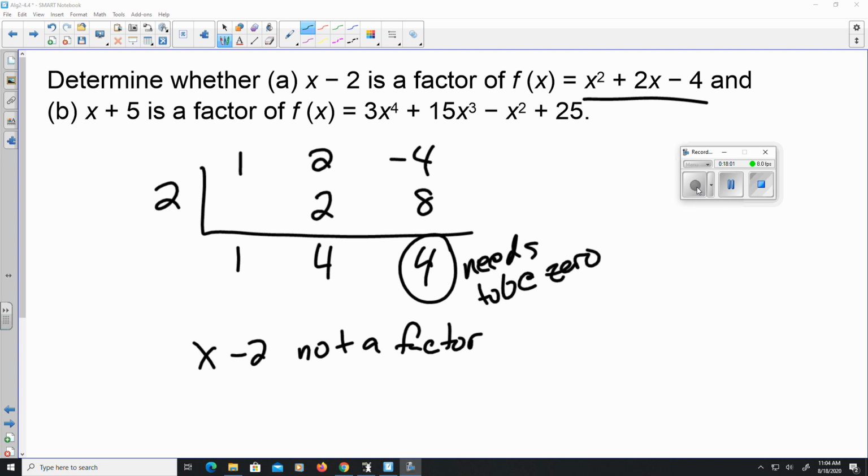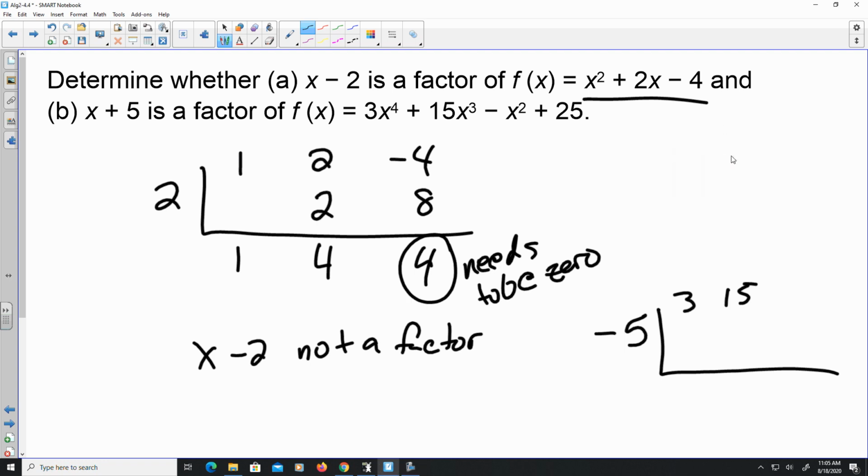So let's look at part B. If I go with x plus 5, it's going to be the opposite, so it's negative 5. The coefficients are 3, 15, negative 1, 25.